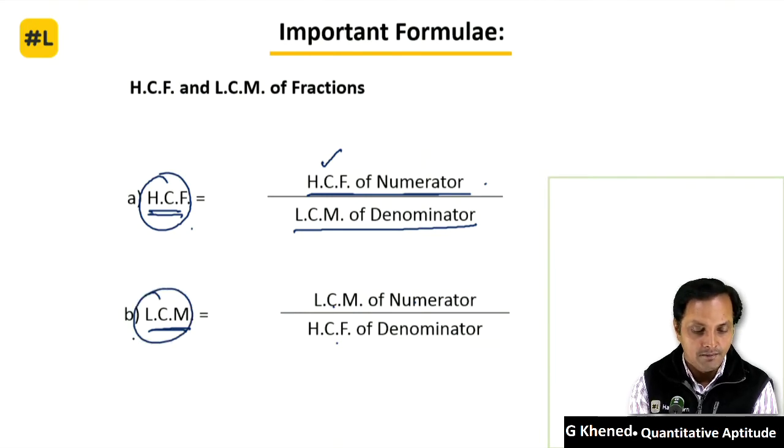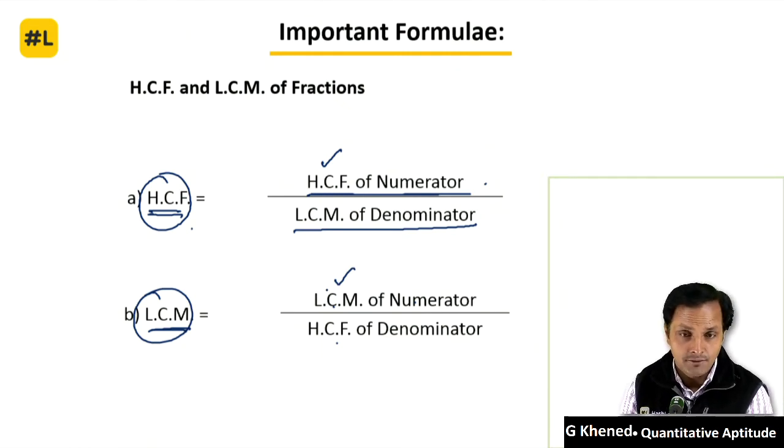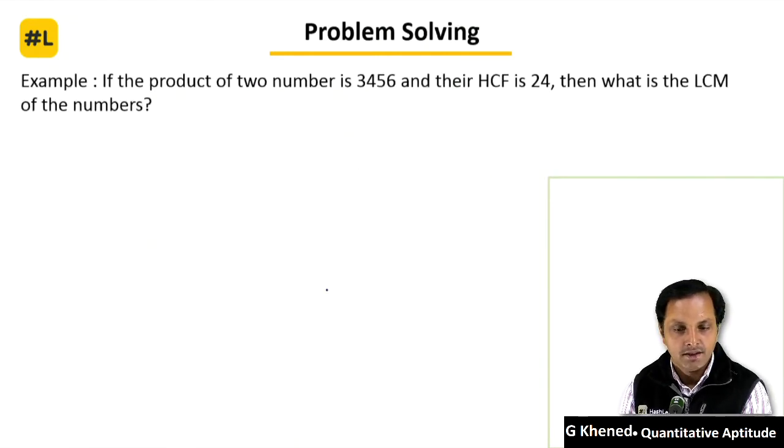When they ask you LCM, the numerator should be LCM, and automatically the denominator will be the other one, LCM and HCF vice versa. Okay, fine. So with this we shall try solving some examples.